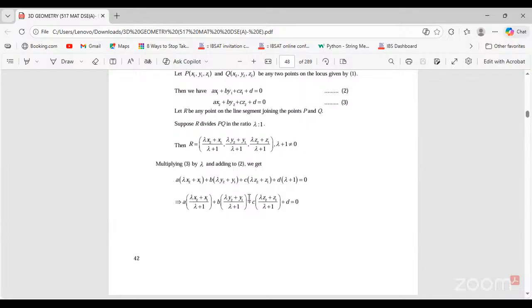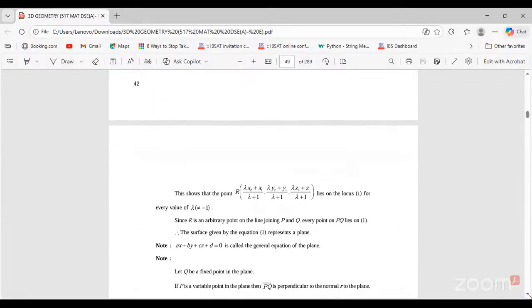We divide this equation by lambda plus 1: a of (lambda x2 plus x1) by (lambda plus 1) plus b of (lambda y2 plus y1) by (lambda plus 1) plus c of (lambda z2 plus z1) by (lambda plus 1) plus d equals 0. Now, what is R?